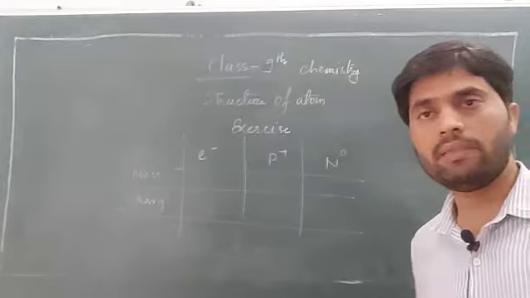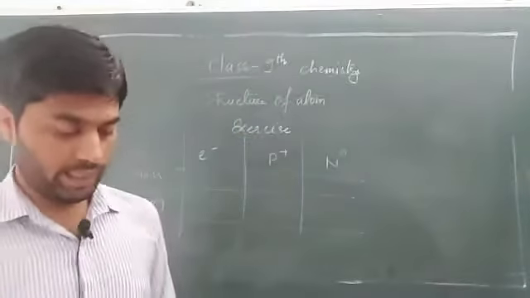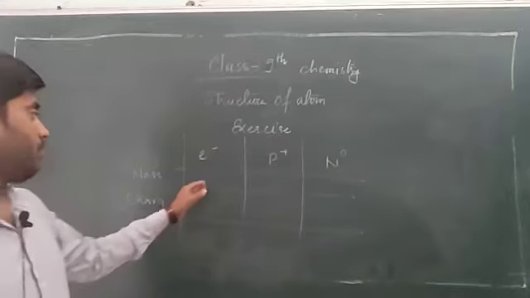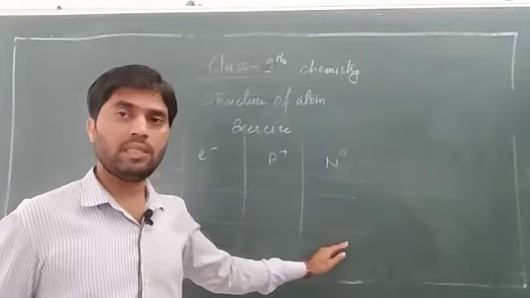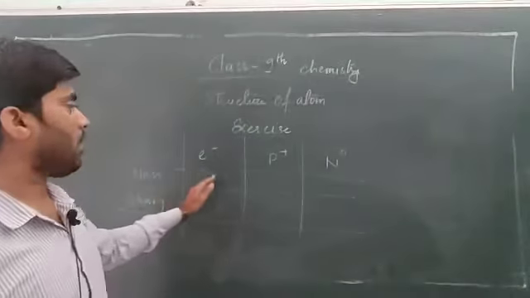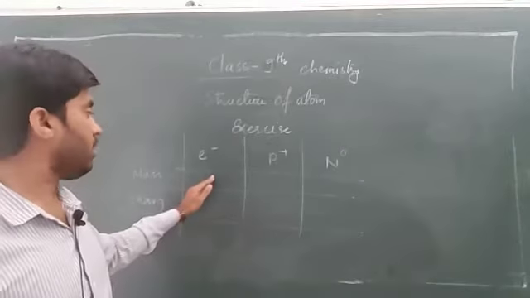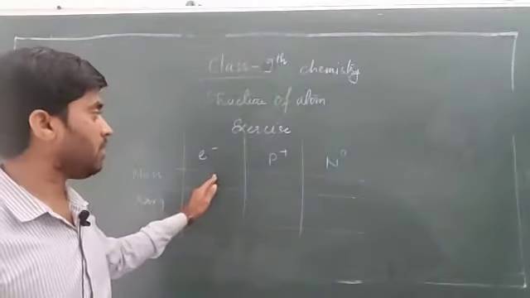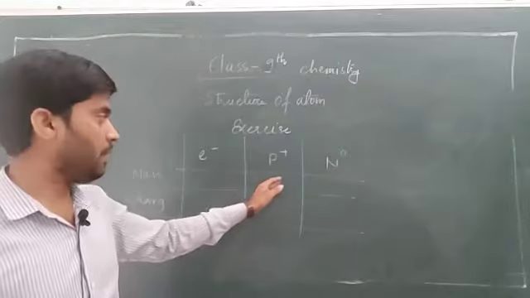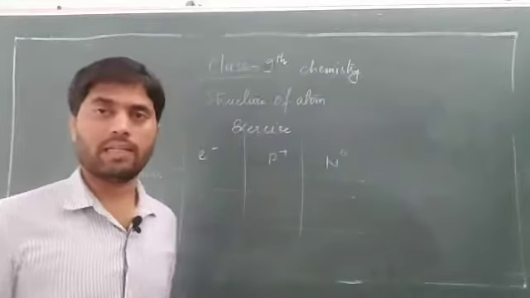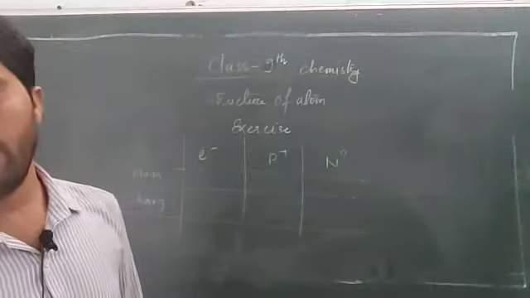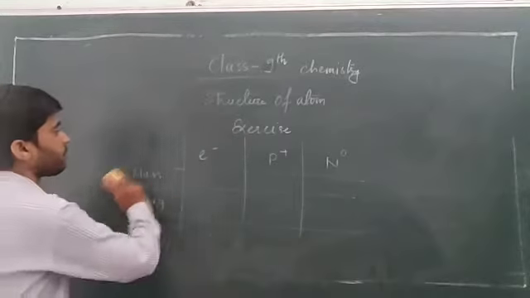You can solve this question like this. Electron is negatively charged, proton is positively charged, neutron is neutral. Okay. What are the masses? 9.11 × 10^-31 kg for the electron, 1.67 × 10^-27 kg for the proton. You have to write this here. Okay, this is the first question.